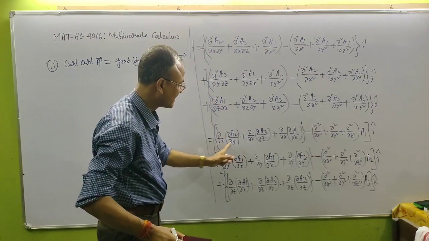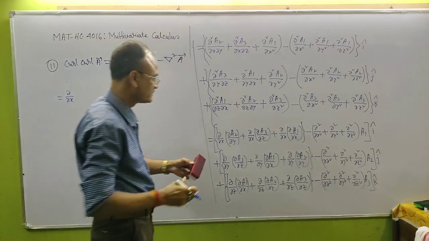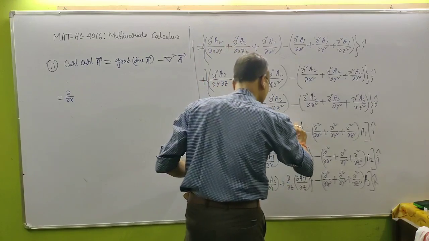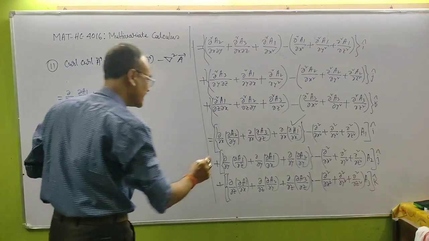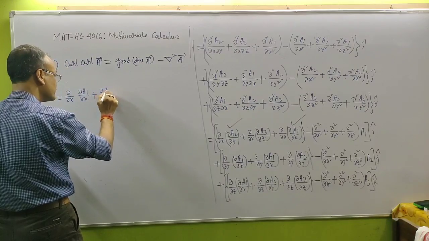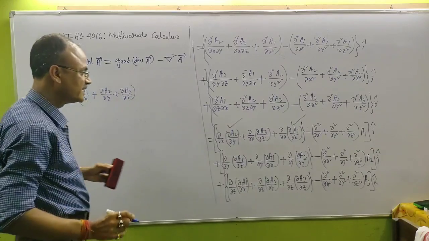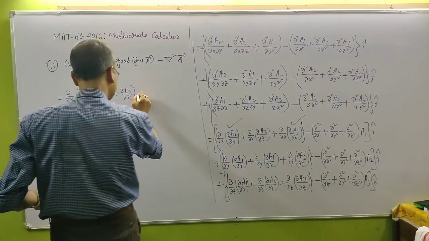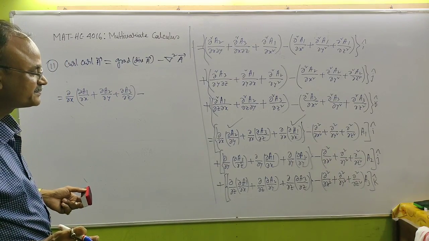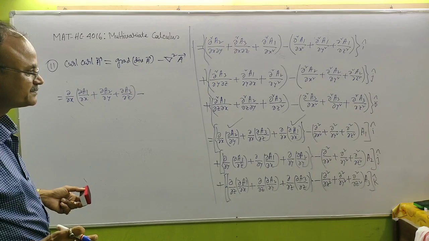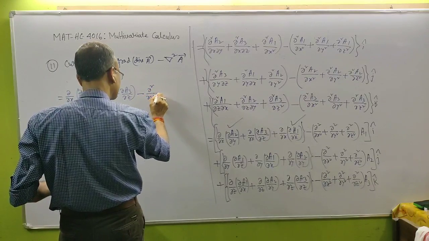You see this one, del by del x. You may write here del by del x. First write this one, del A1 by del x. Next write del A2 by del y plus del A3 by del z, minus, just as it is, you may write like this.